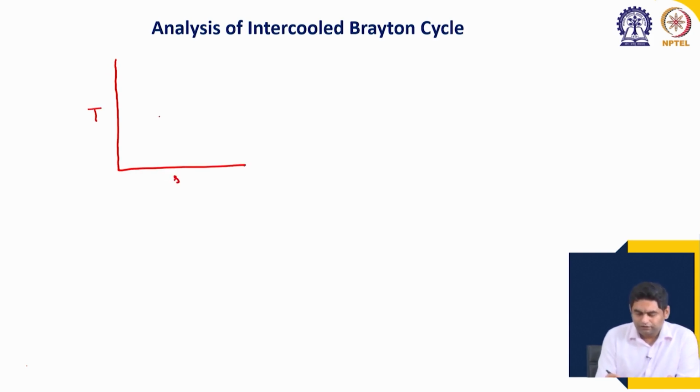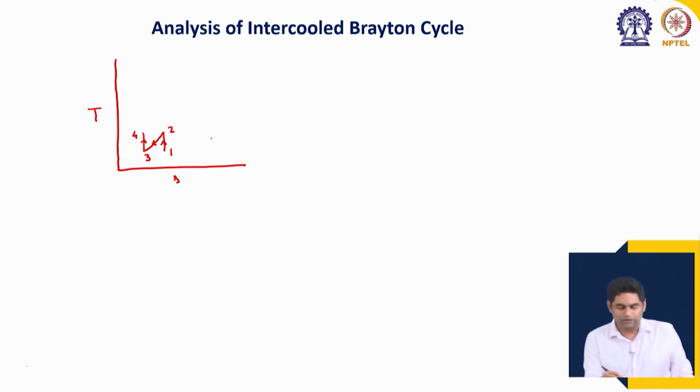For this intercooled Brayton cycle, we have the process going from 1 to 2, low pressure compression, then from 2 to 3 is the intercooling process, 3 to 4 is the high pressure compression. So, the intercooling has divided the compression process into two parts, as we discussed in the previous slide.